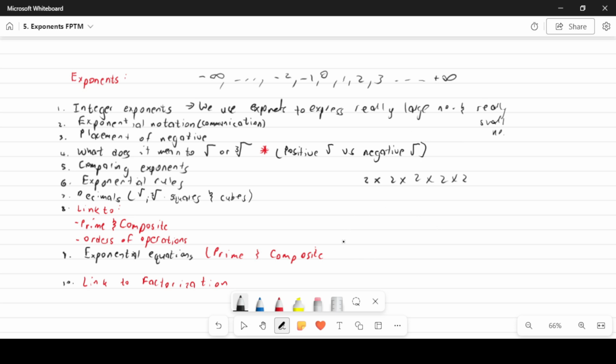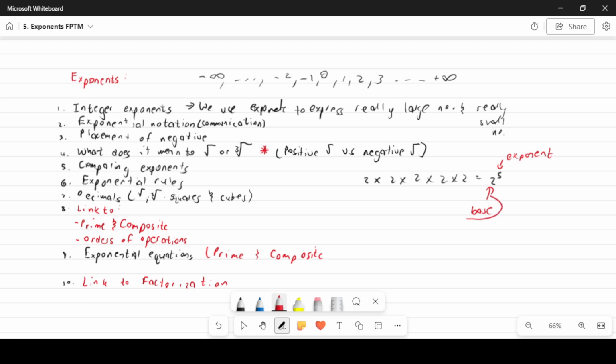Instead of writing it in this expanded form, we can compress all of this into 2 to the power of 5. This 2 at the bottom, what we call the base, is basically the number that is being repeated. And this number here, the 5, the exponent, is the number that tells you how many times the base is being repeated.